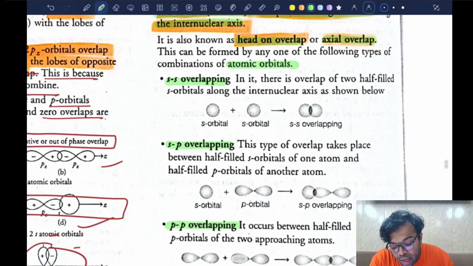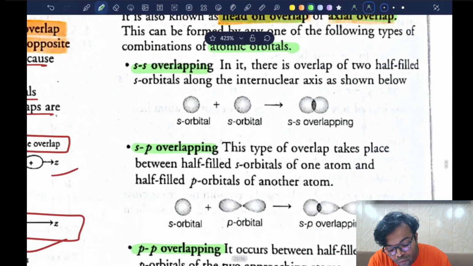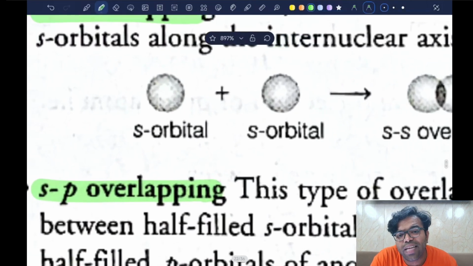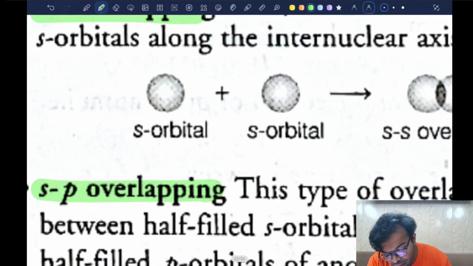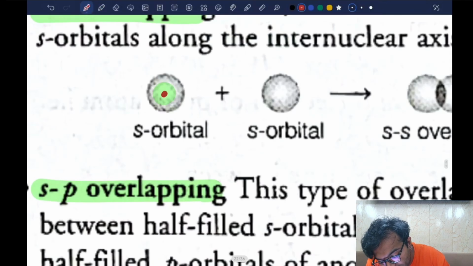Now, in ss overlapping, what happens? As the name suggests, two s orbitals are coming in head-on collision. Their orbitals are overlapping with each other, thus forming an ss overlap. Now we know that what is in the center of the s orbital? The center of the s orbital is where the nucleus is.